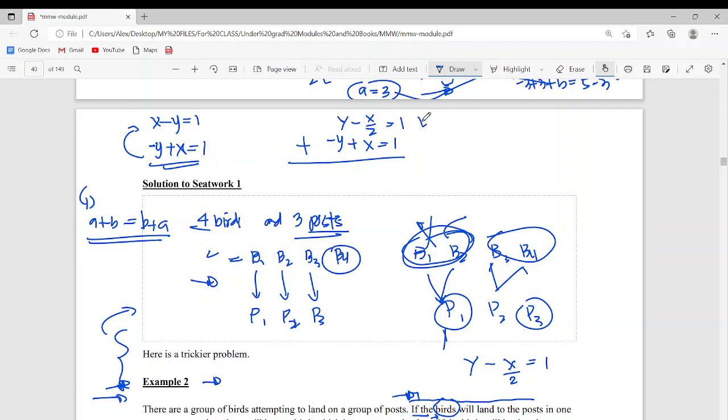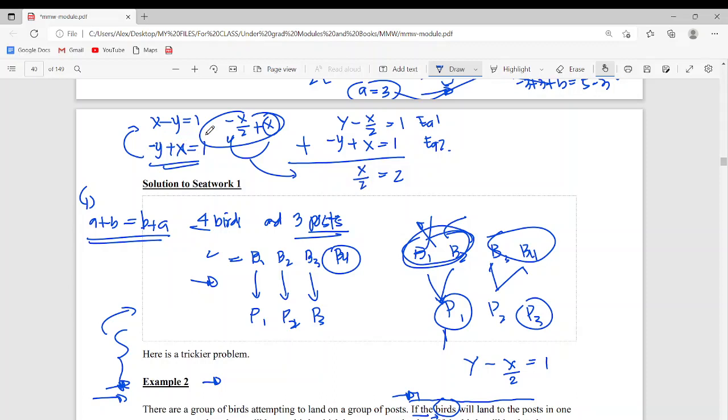Now let's add these two equations, where this one is equation 1 and this is equation 2. If we add, we have 2 here and the y terms become 0. Now what is this? Negative x over 2 plus x. If you have one x and subtract half of x, what is left? We have x over 2 here.